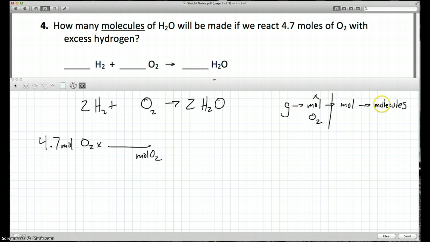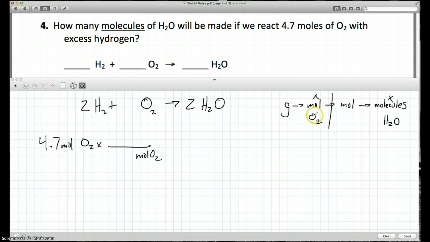And I'm trying to get to molecules of H2O. So if I look at that, that's going to be a two-step question. Since I have moles, I can use my recipe right away and go from moles of O2 to moles of H2O, because I'm looking for H2O. And we can see that on our map.